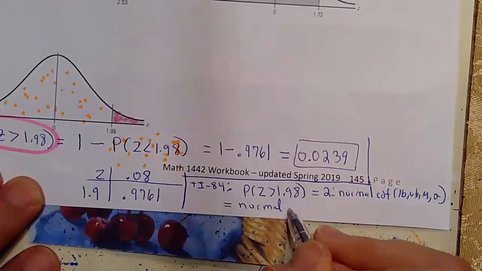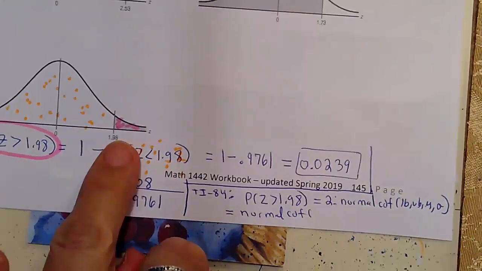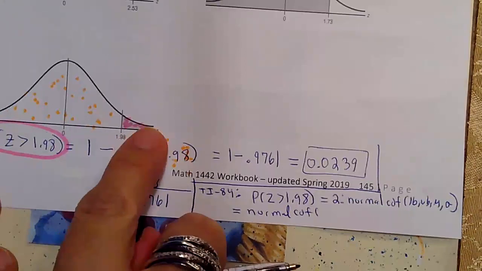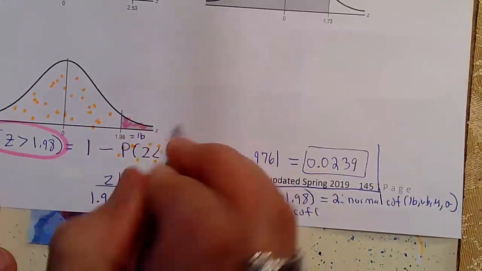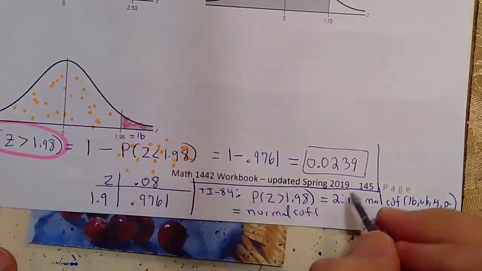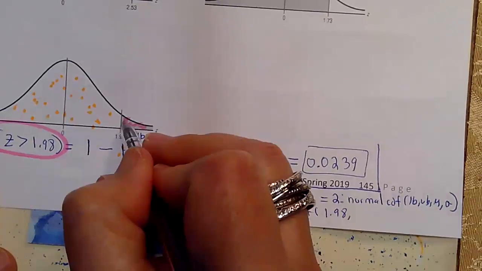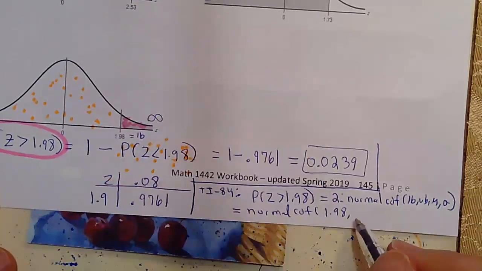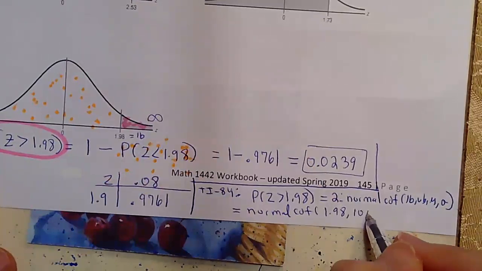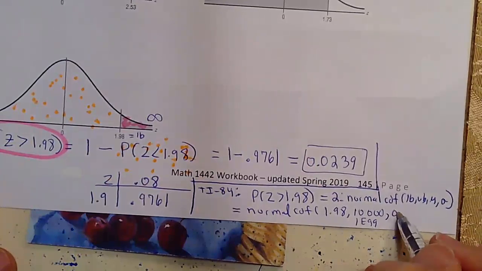The lower bound, we read graphs from left to right, and you're finding this pink area. So this is your lower bound, 1.98. And then your upper bound, you read it from left to right. So you see you want infinity. So you can use either 10,000 or you can use 1E99. And then mu is 0 and sigma is 1.